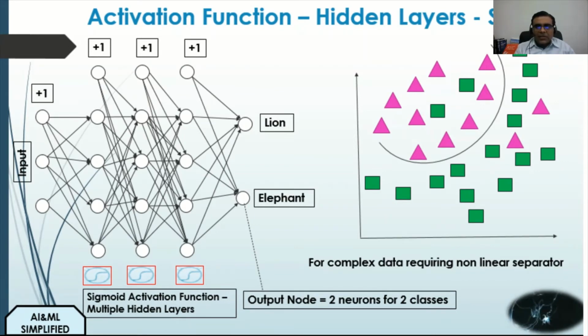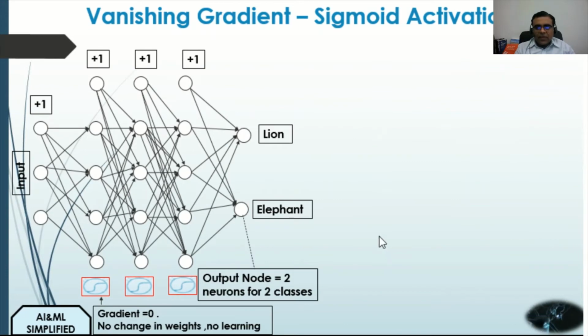However, as the number of hidden layers increases in the deep network, specifically when we use the sigmoid activation function, there is a problem of vanishing gradient, which means the value of the gradient, which is our partial derivative of loss with respect to weight.